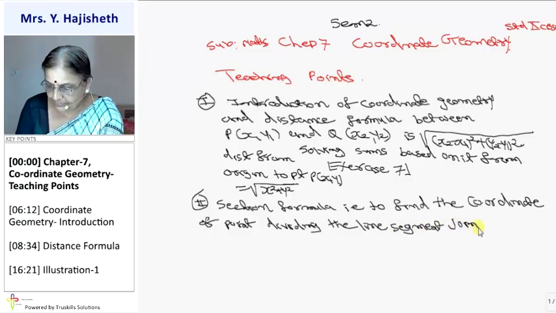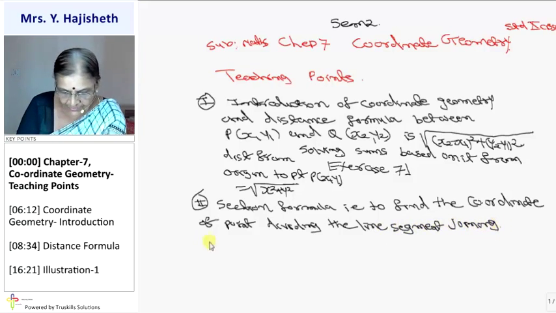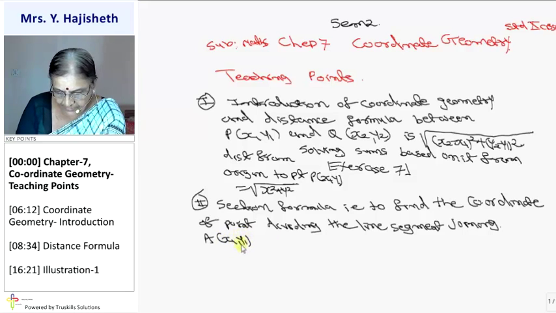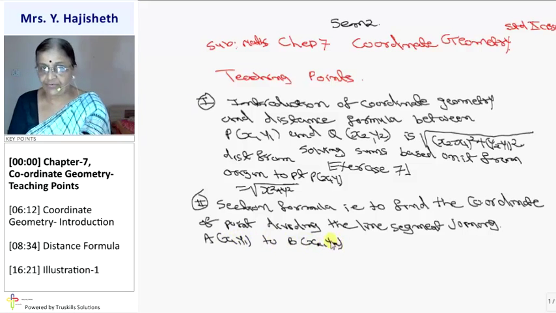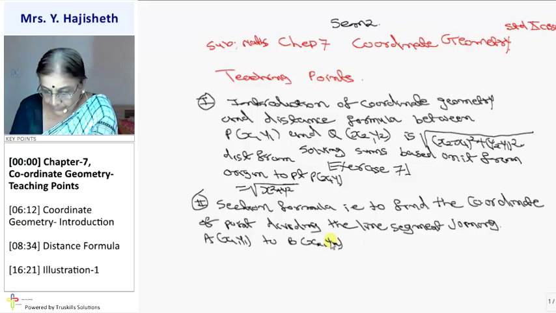Suppose two distinct points are A x1, y1 and B x2, y2, and a line segment joins A x1, y1 and B x2, y2.